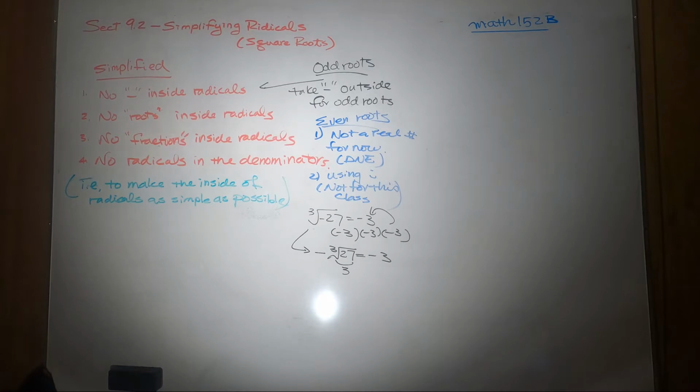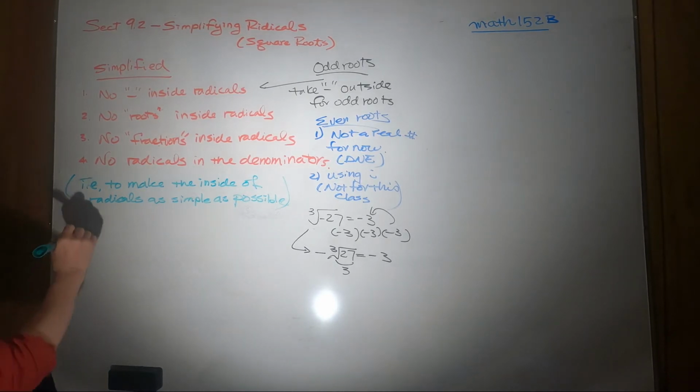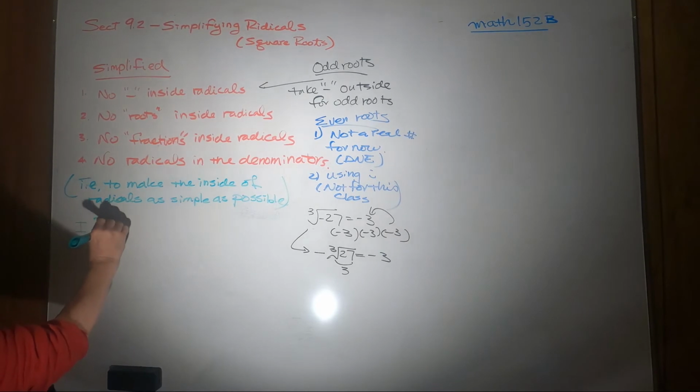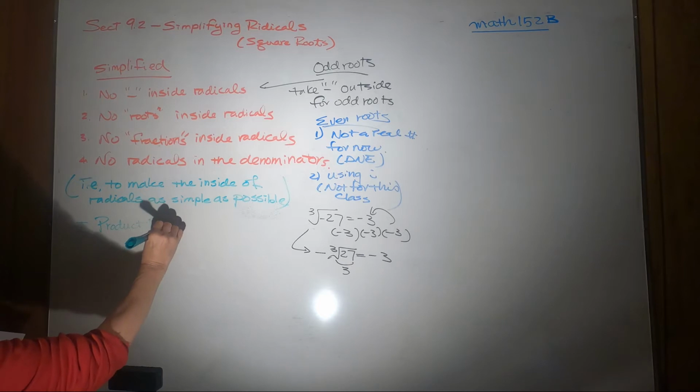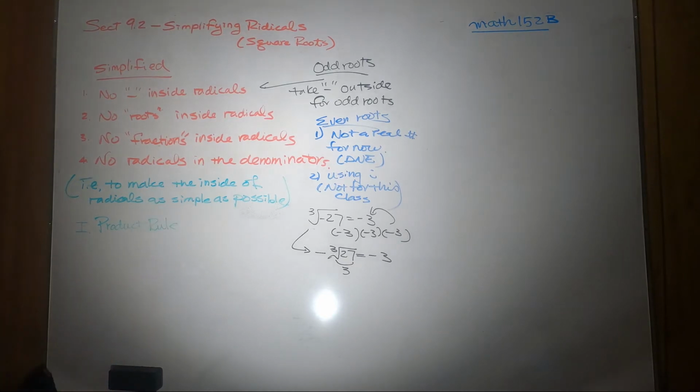Then let's see how we are going to do that. Before we do that, we wanted to talk about a few things first. We wanted to talk about the product rule of radicals.